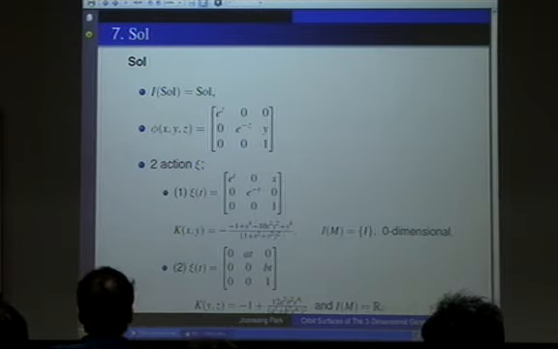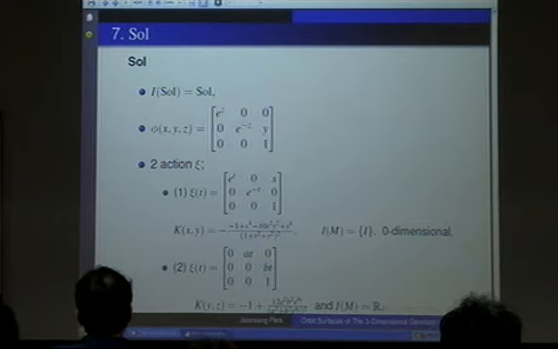Okay, let's see the Sol case. Sol, the solvable group, in terms of the matrix notation, is the set of this kind of elements. Okay, so there are two kinds of free action. So the first one is, this is 0, this X is 0. So that is sort of diagonal action. And the second one is just off diagonal action. This is 1, 1.